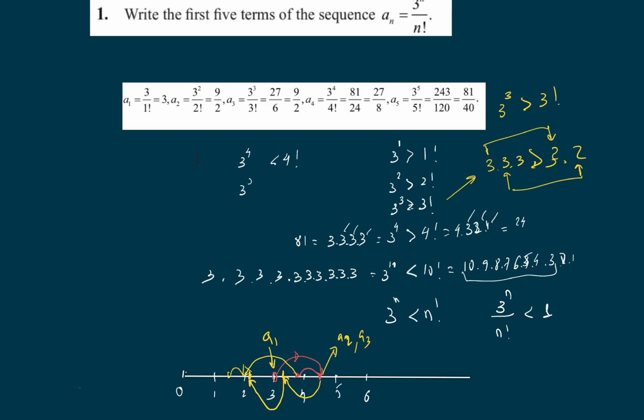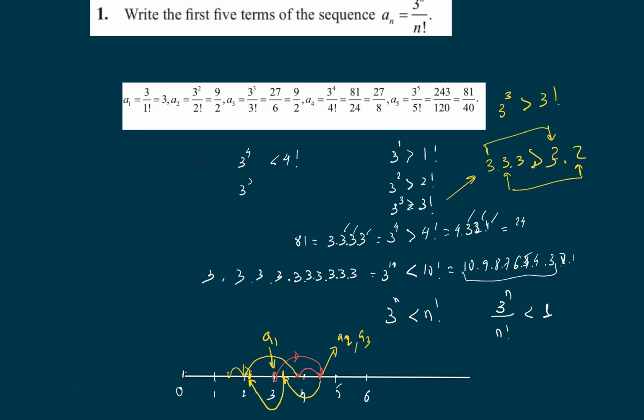Why? Because 10 factorial means 10 multiplied by 9, by 8, by 7, by 6. This number, the 10, is bigger than this 3. The 9 is bigger than this 3. The 8 is bigger than this 3. The 7 is bigger than the 3, etc. So 10 factorial will be bigger than 3 to the 10.